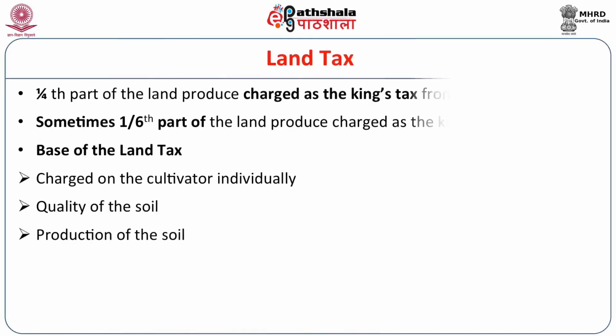So, accordingly, land revenue was determined. Land tax and production of the soil, what type of production, huge production or medium production or low production, how much yield of the land, that was also taken into consideration for determining land tax.